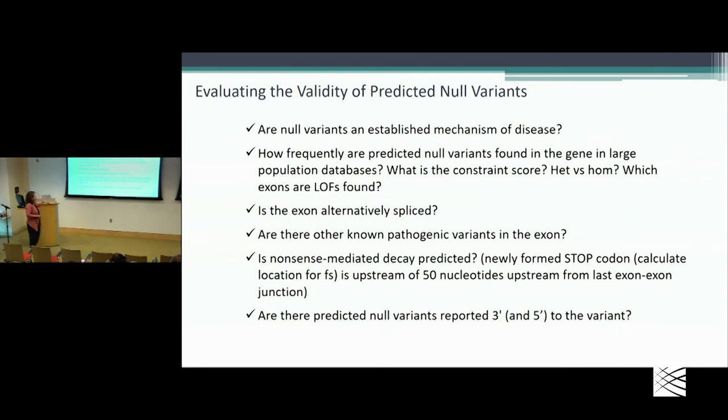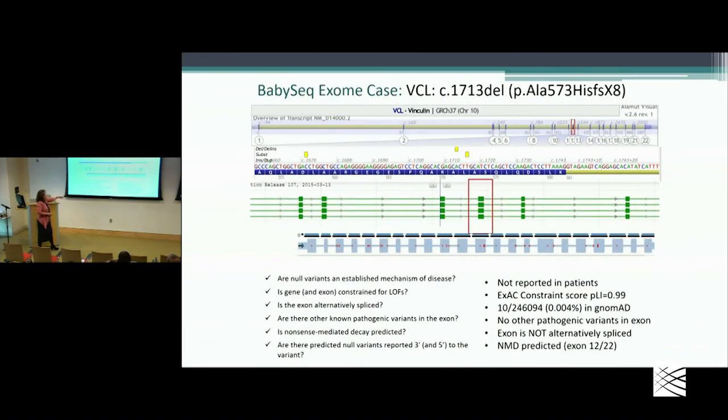So those are all things that you have to keep in mind when you're interpreting what looks to be a frameshift, nonsense, or canonical splice variant that's likely to disrupt, and whether it really might disrupt. And here's an example of a variant where you look at all of the transcripts and can say, yes, this exon is present in all known transcripts, that's good.